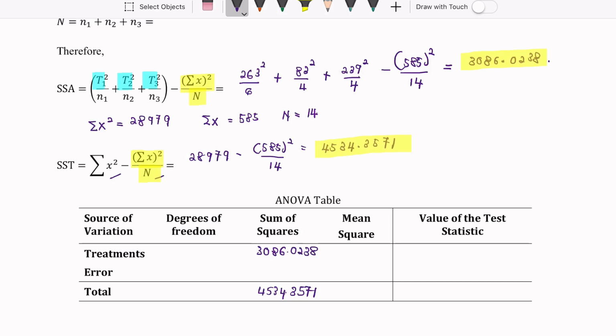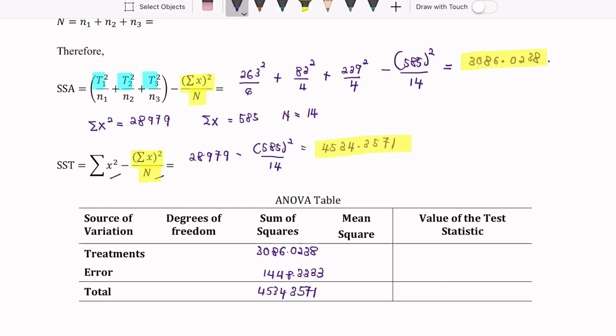We subtract these two values, 4534.3571 with 3086.0238, we will get the sum of squares error, 1448.3333.